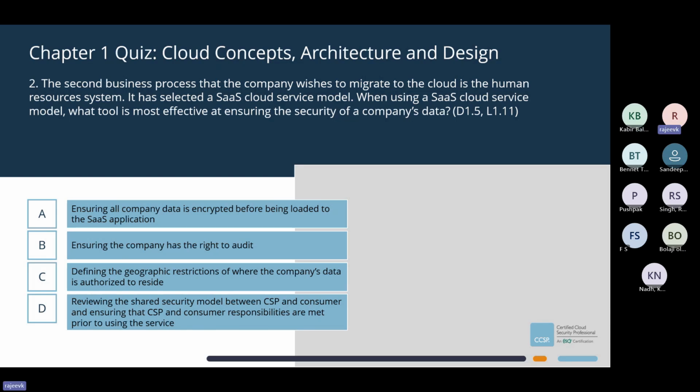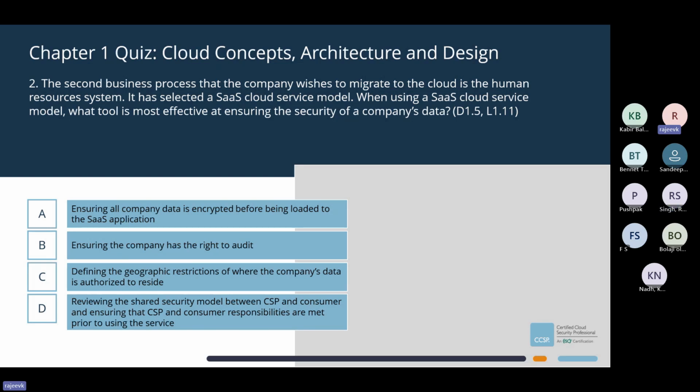And also, if you see the question, the first line, second business process that the company wishes to migrate to the cloud is the human resource system. So they decided that we are going to move our human resource system to the cloud. Remember, they are deciding, right? They have not yet moved it. And accordingly, D is actually more suitable for us here. Why?